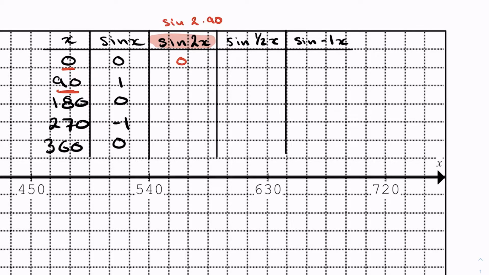I'll get sine of 180, which is also 0. And finally, if I do 180, and I say finally because I'm going to stop at this point, I'll get sine of 360, which is also 0. So I get 0 here. You may be wondering, what's going on here? I'm just getting zeros upon zeros upon zeros.